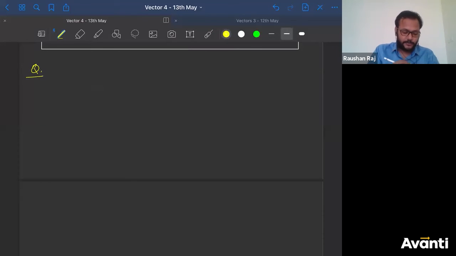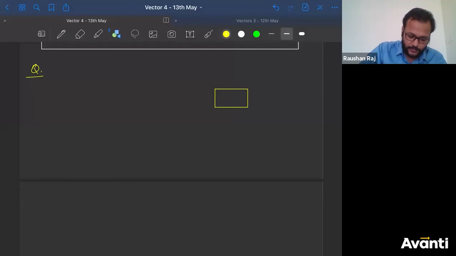Very good. Now I'll give you some questions and you have to solve them. Consider there is a block like this. Now there are two forces acting on it. I take horizontal and vertical reference lines.